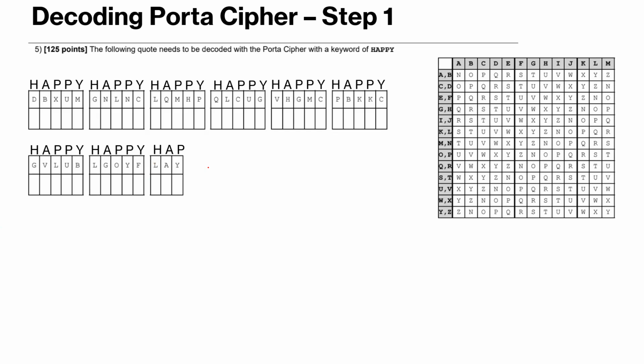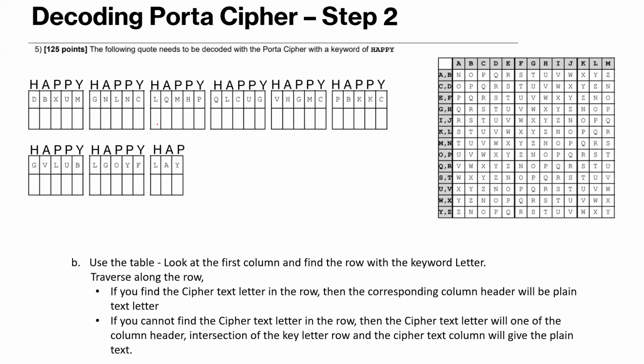Once you're done with that step, in step two, we look at the keyword letter. So this is the first keyword letter, which corresponds to this ciphertext. Now we go ahead and look at the table here. For the keyword letter, we look at the first column where that keyword letter appears.